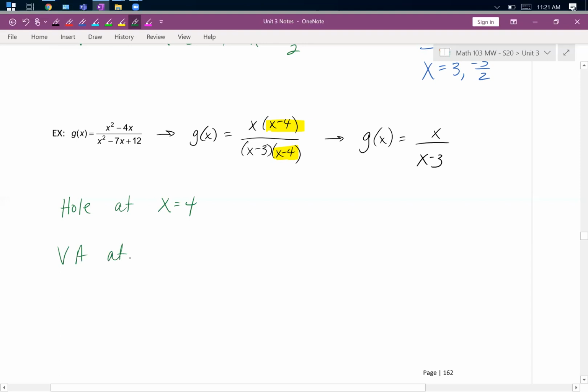One. Just one, because we're going to be using this simplified version for our asymptote. What is that one vertical asymptote going to be? We set that simplified denominator equal to 0 and solve. We're going to have a hole at x equals 4 and a vertical asymptote at x equals 3.